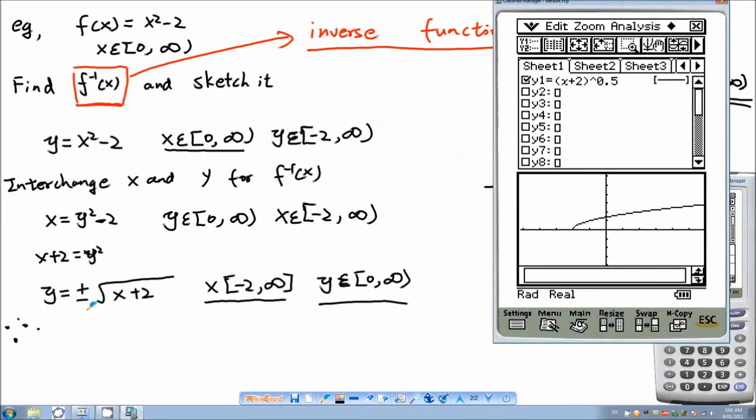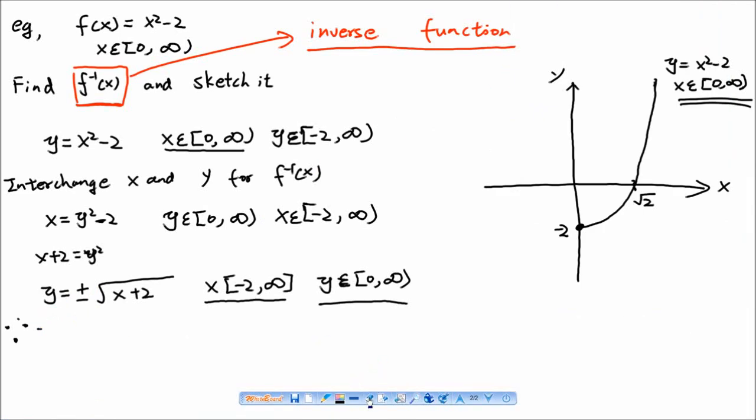This is the graph of y equals positive square root of x plus 2. And let's sketch y equals minus square root of x plus 2.